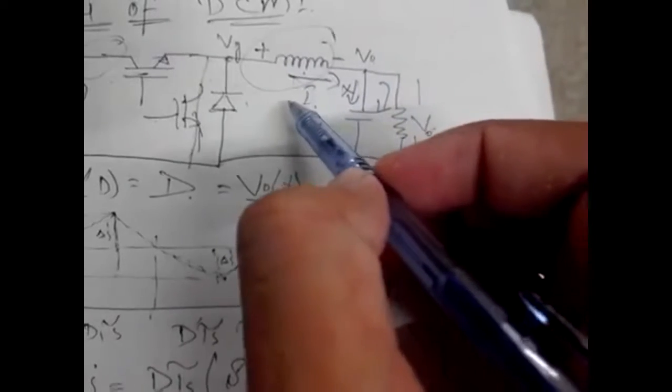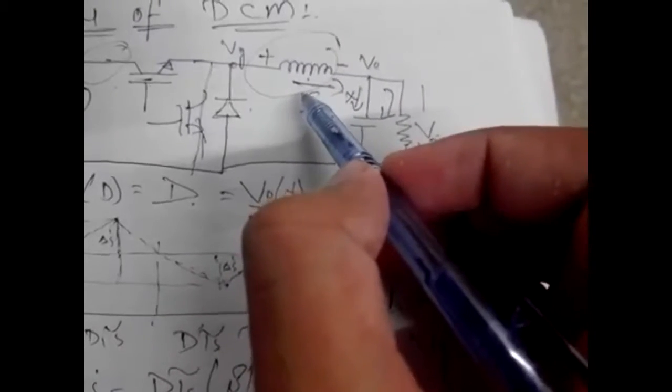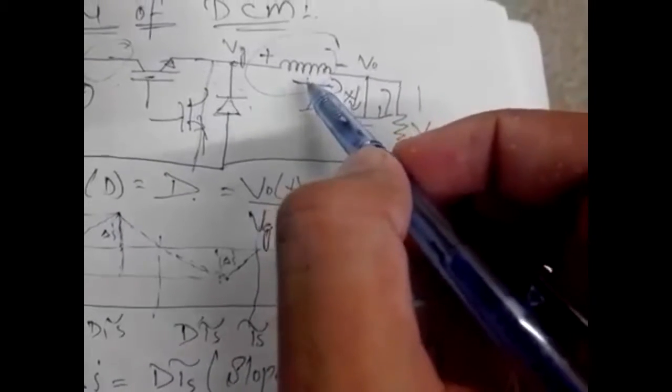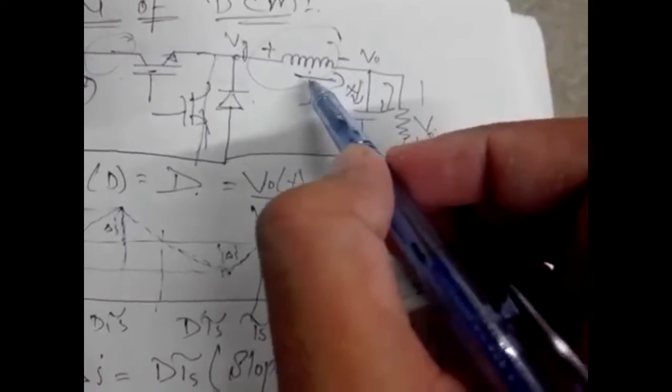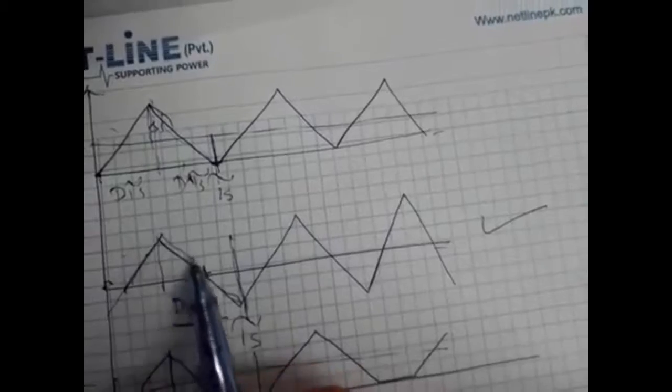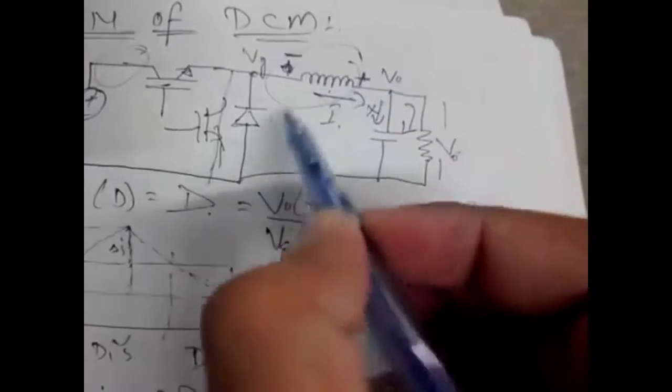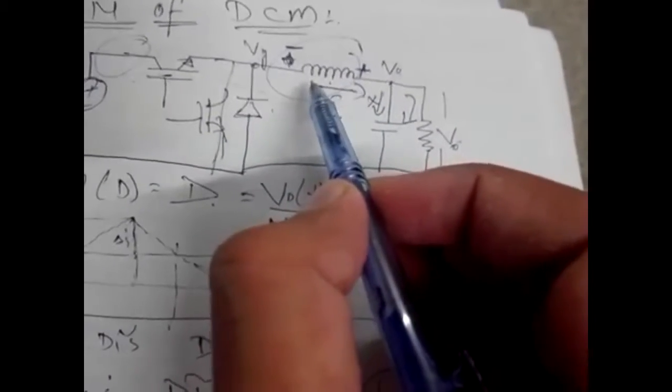Now what happens if we increase this load resistance? Then the inductor de-energizes in a very small amount of time, and that small amount of time is equal to D2Ts. Now after that, as we connect the bidirectional switches here, this negative polarity comes here, so this becomes minus and this becomes plus, so the inductor becomes charged in the negative direction.